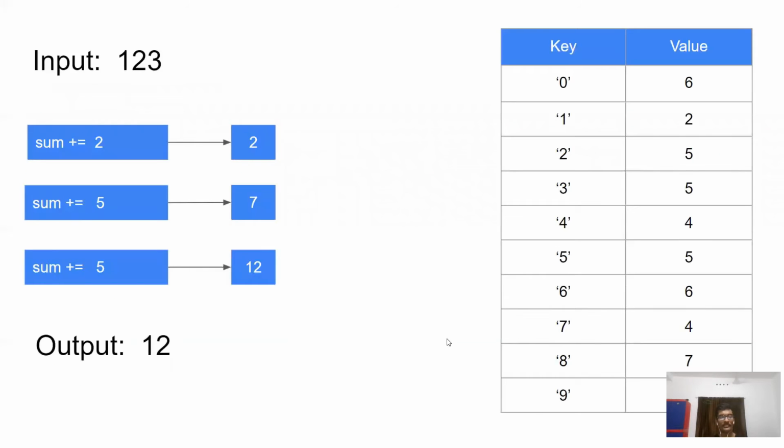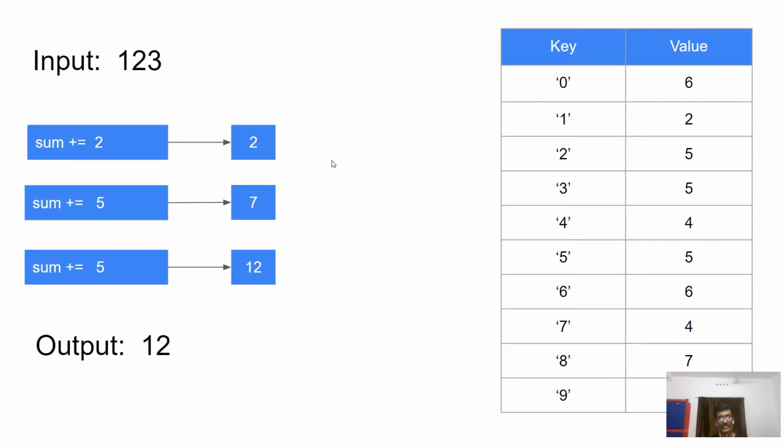So if the input is 123, first we would find the character in the zeroth index of the string. So in this case, it's 1 and its corresponding value is 2. So the value of 2 will be added to the variable sum in the first iteration. So sum's value becomes 2.